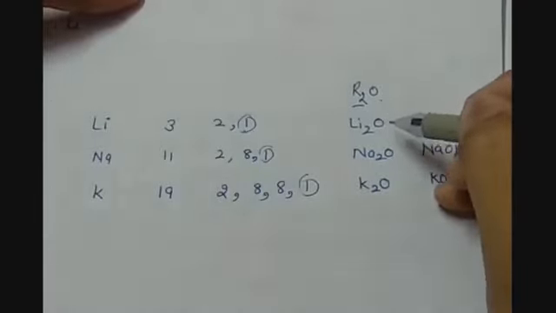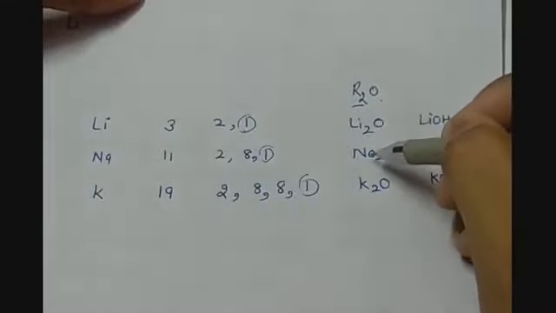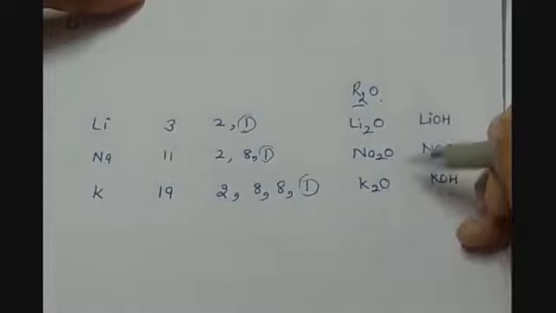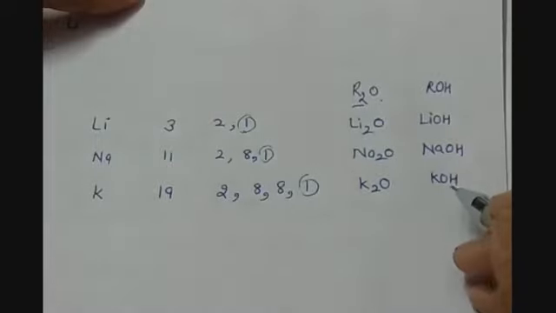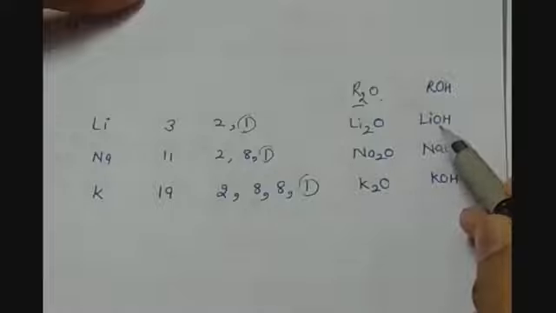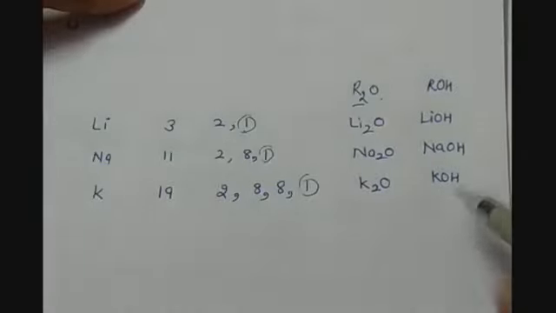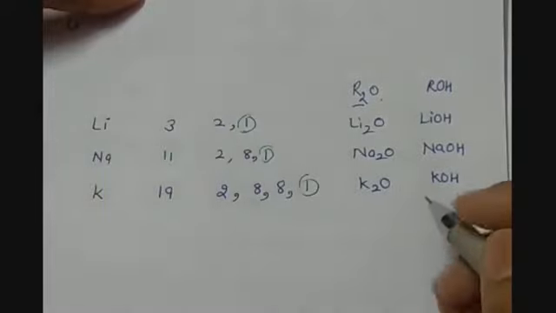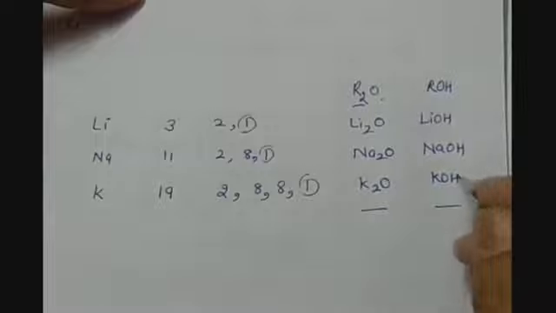So they are having a general formula for forming the oxide: Li2O, Na2O, K2O. And the same way they are forming their hydroxides, ROH. General formula is ROH. For example, lithium hydroxide, sodium hydroxide and potassium hydroxide. So this is how the metals react and they form compounds in a similar way.